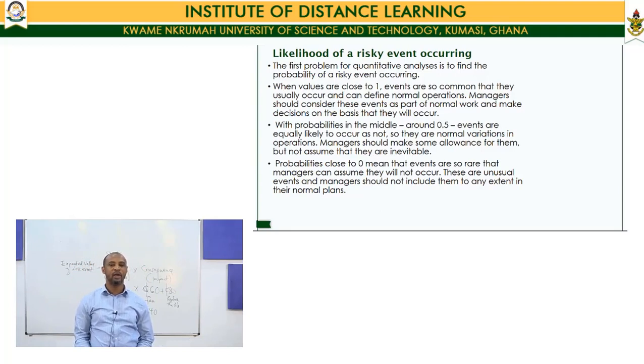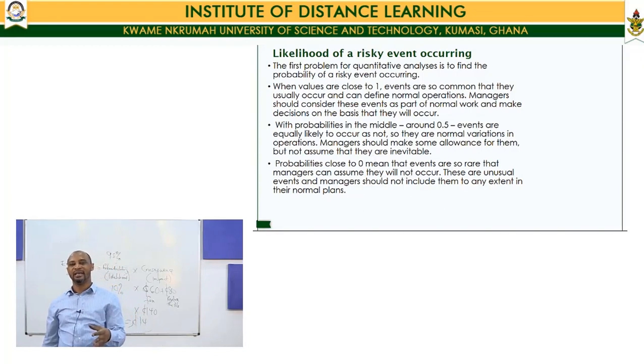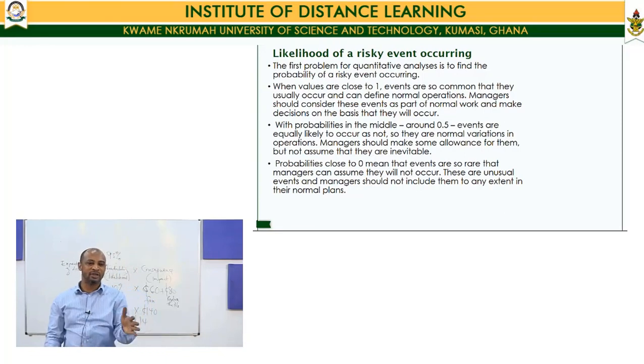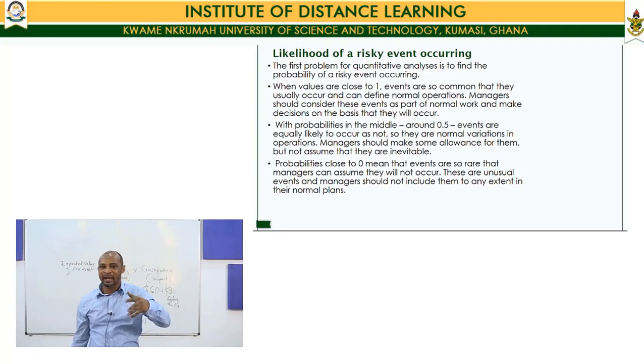So we say that probabilities that are in the middle, like 0.4, 0.5, 0.6, mean that they can occur, but they are normal variations to operations. So you make allowances for them. You don't plan like the first one where you are certain they will occur.